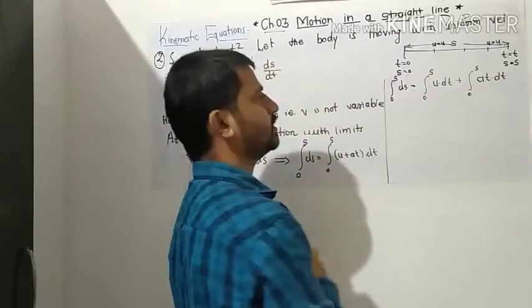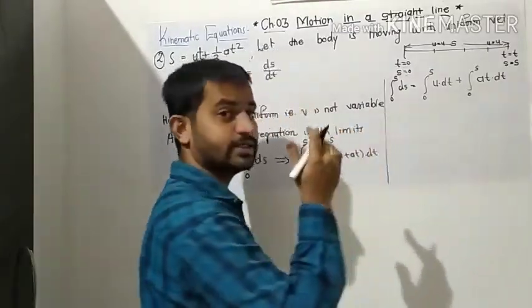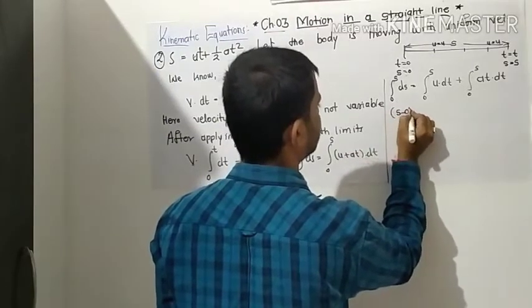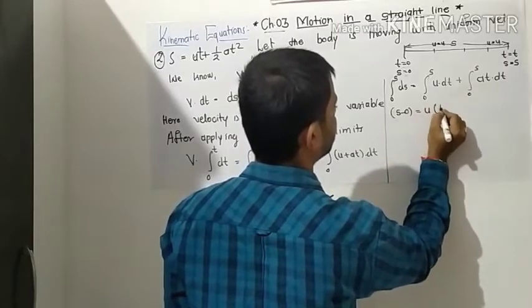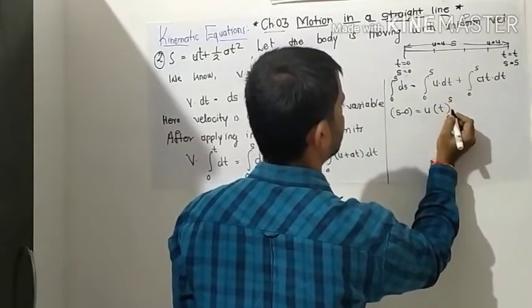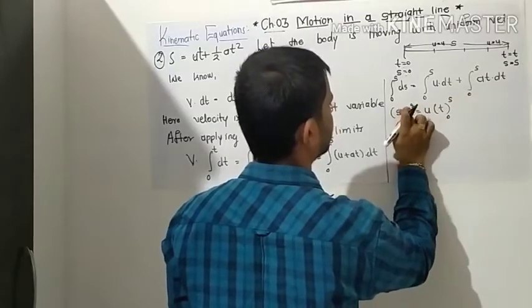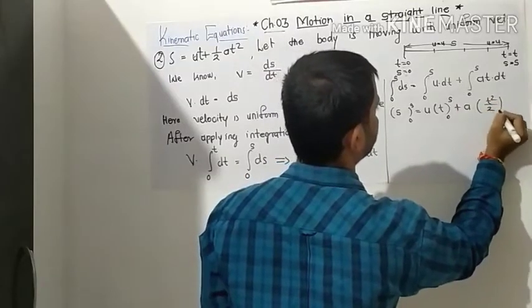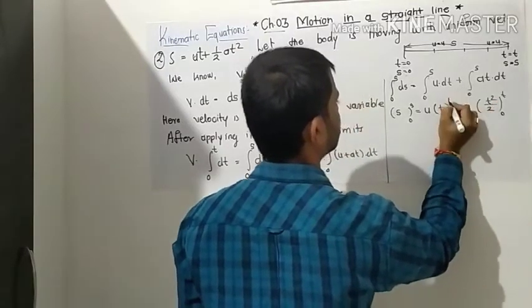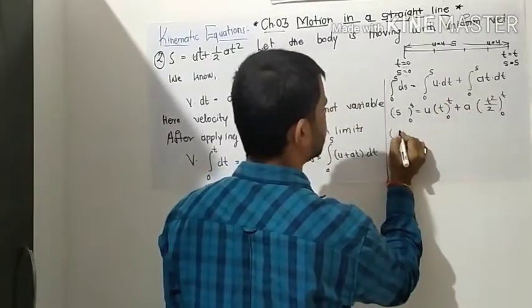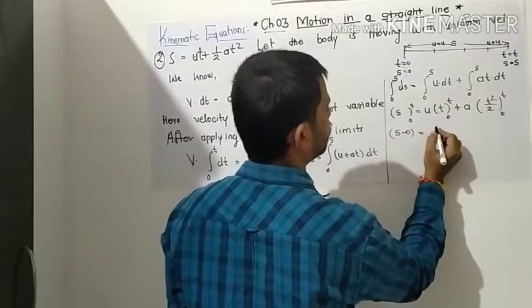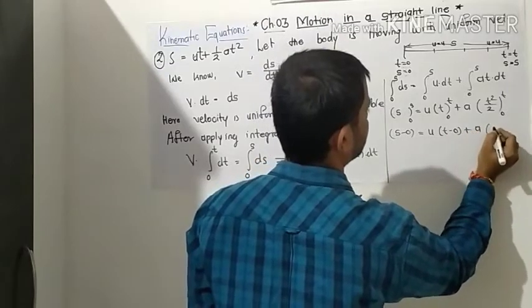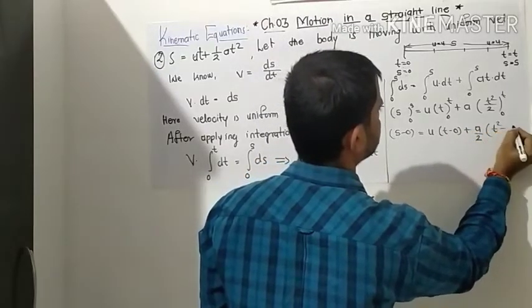Applying the rules of integration, we get s minus 0 is equal to u into t, plus a into t square upon 2. So s minus 0 gives u into bracket t minus 0 plus a into bracket 1 by 2 t square minus 0.